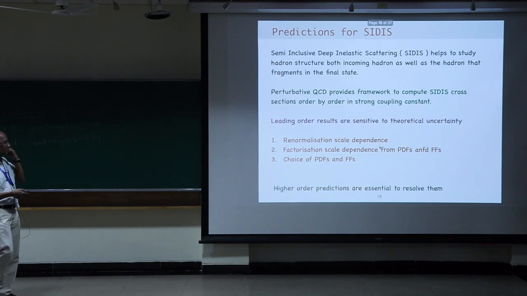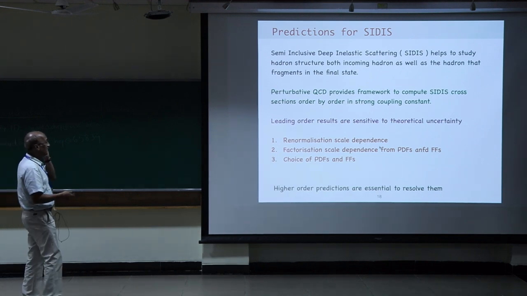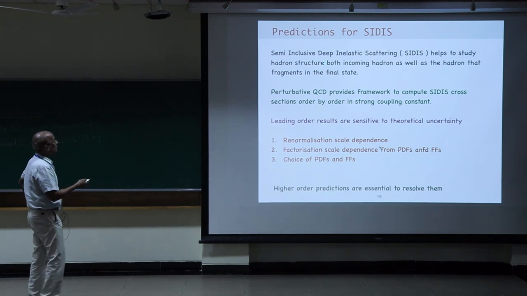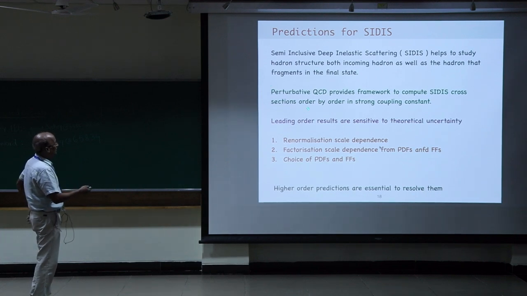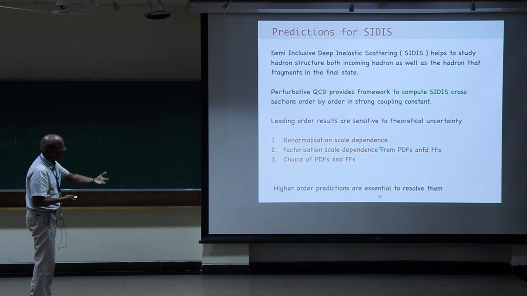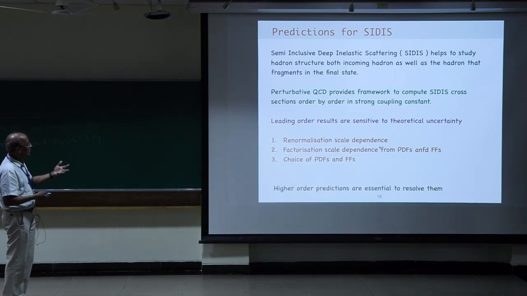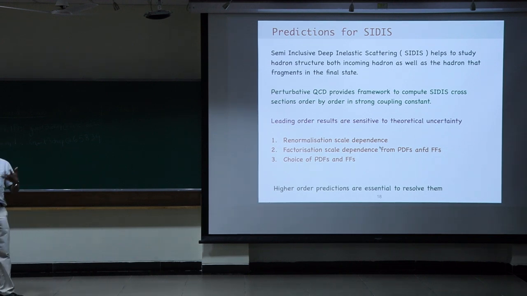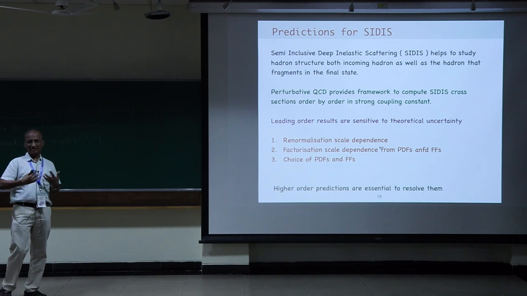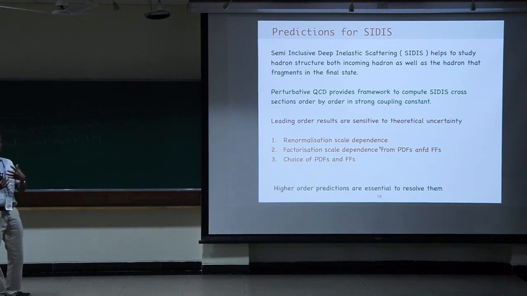Okay, so what are second order corrections, or first order corrections for that matter? The semi-inclusive process, as I said, is going to bring you a lot of interesting things about the structure of hadrons, and also how quarks and gluons fragment into hadrons. And the only way you can compute these cross sections is using QCD, because these initial states are protons or whatever ions that we start with.